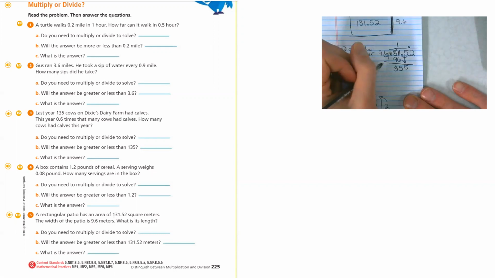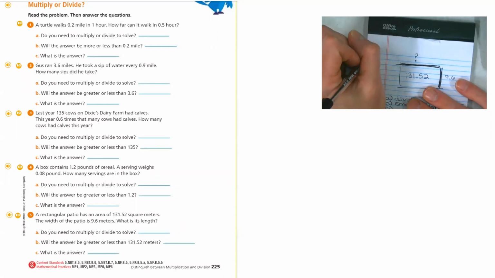And then how many 96s are in? My guess is 3, but possibly 4. Let's try 3 first. So somewhere on my paper, I'm going to figure out what 96 times 3 is. That's 18, 27, 28. 288. Do I have enough for another 96?